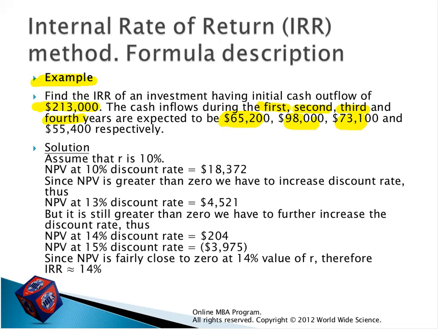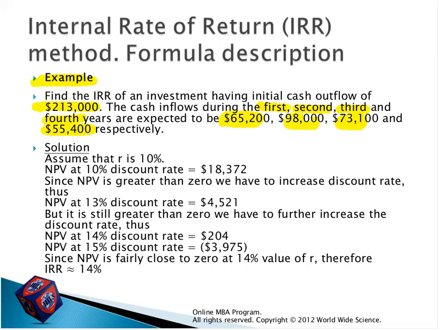And in the fourth year, the cash inflows equal 55,400, right? Now we have to find the internal rate of return, where net present value is equal to 0. That means we are going to find the rate at which the net present value of this project will be equal to 0.